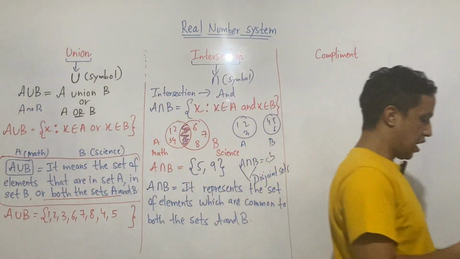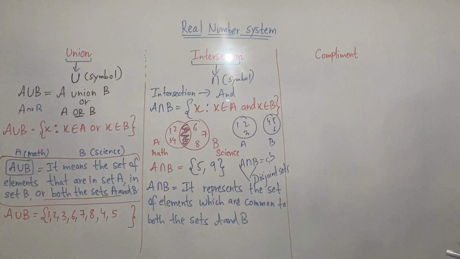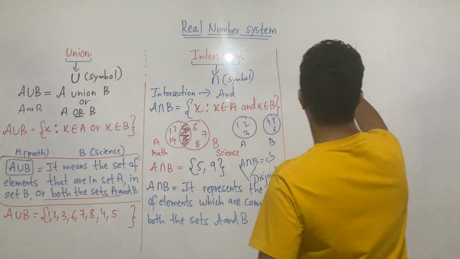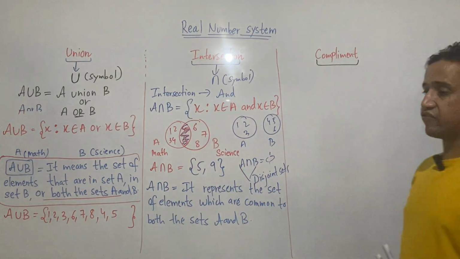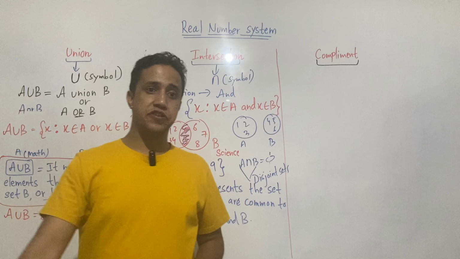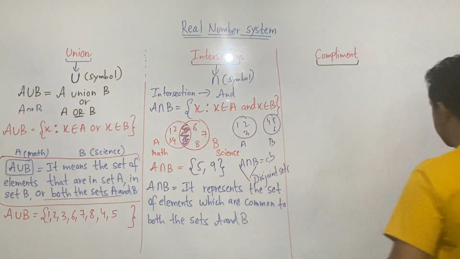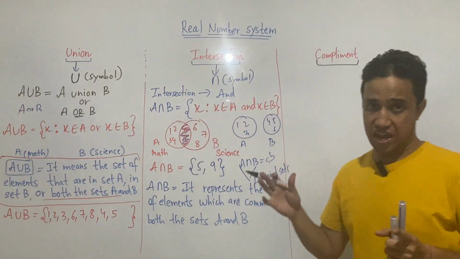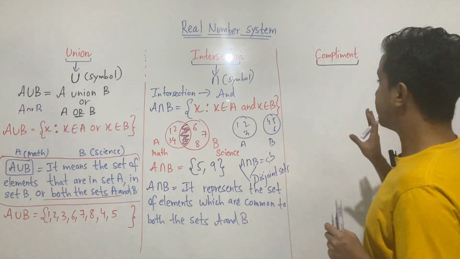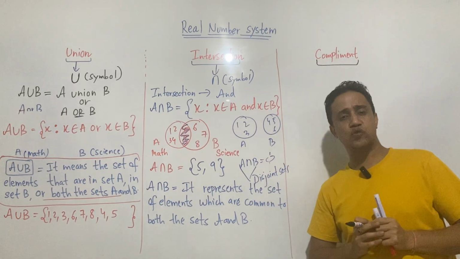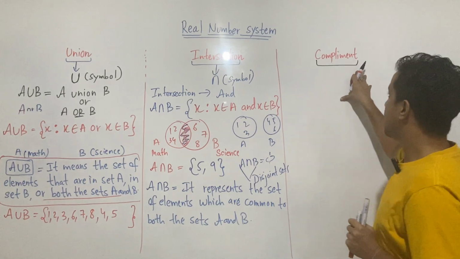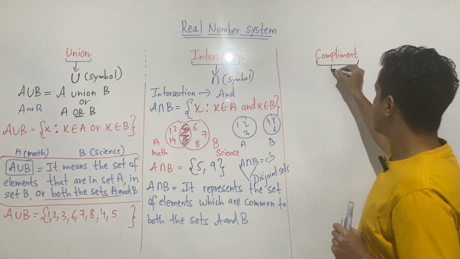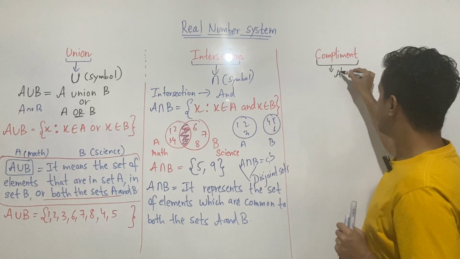All right, now come to the next one. The next one is complement. A complement of a set is denoted by a dash. For example, if the given set is A and we have to find the complement of A, then it will be represented by A dash.